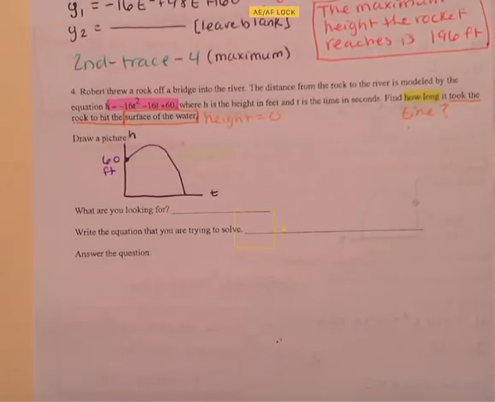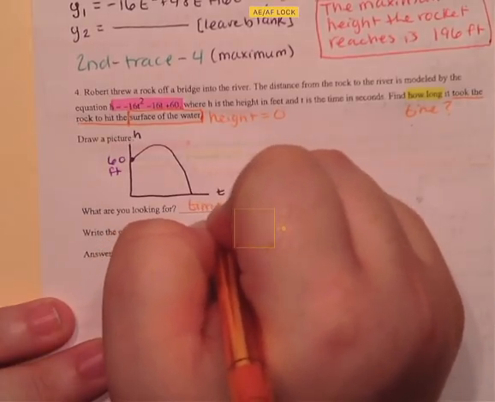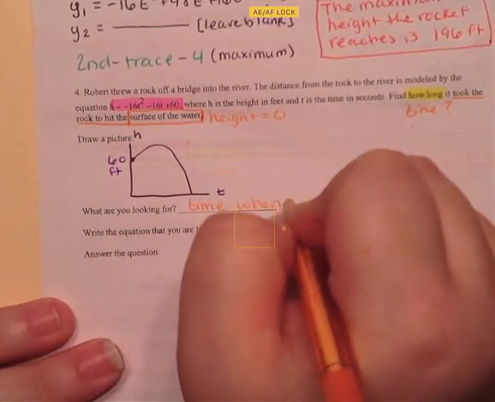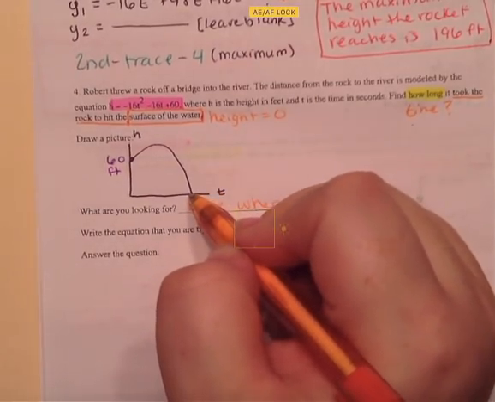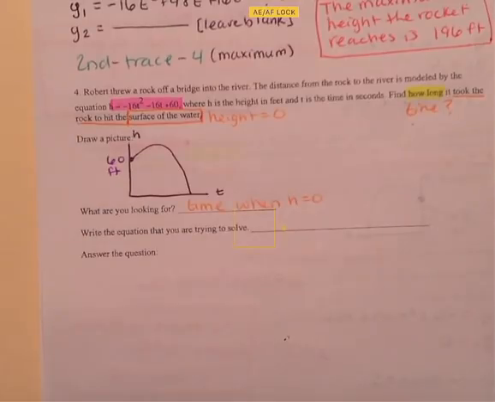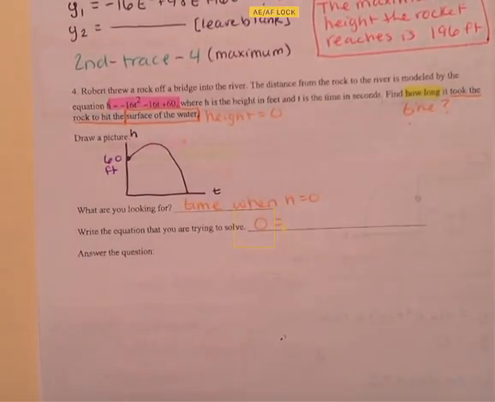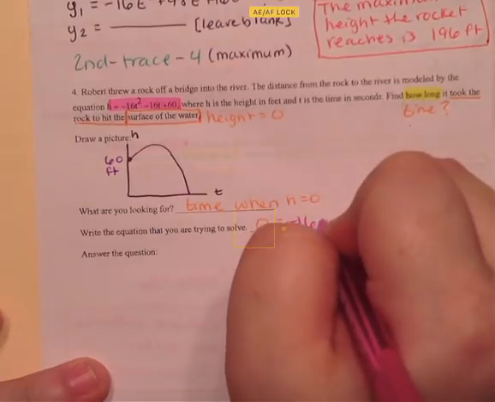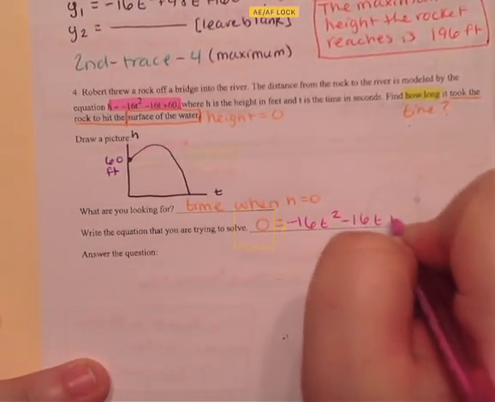So the question is asking, what are you looking for? We want the time, t, when h equals 0. Again, this is just when does it hit the surface of the water? So that's our x-intercept. We plug in 0 as our height in that equation: 0 equals negative 16t squared minus 16t plus 60.